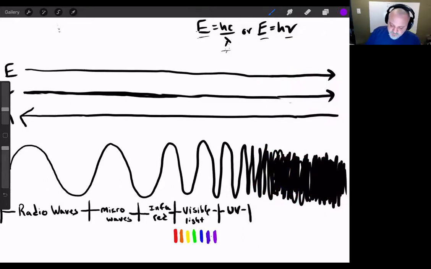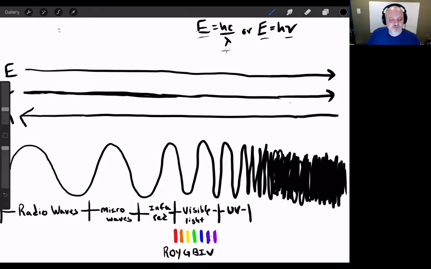What's the mnemonic for this? You guys remember? This is Roy G. Biv. Maddie, that's the wrong direction. So I want you to memorize it in the Roy G. Biv direction.